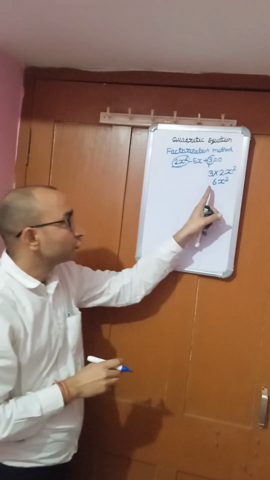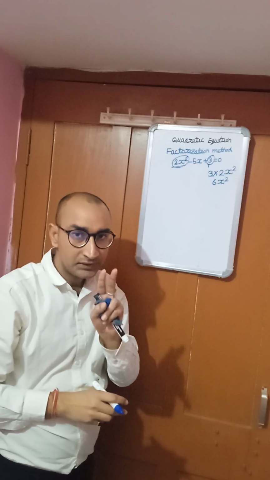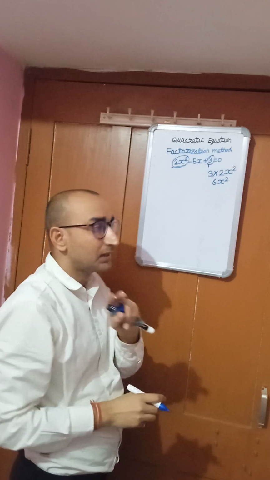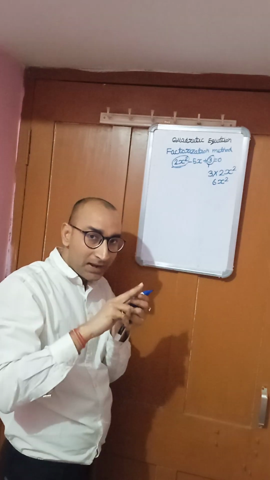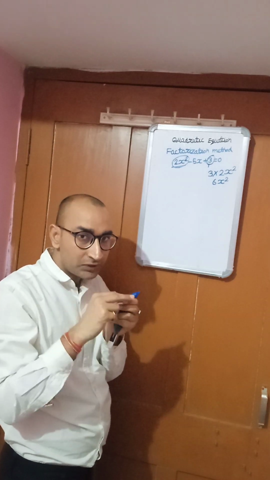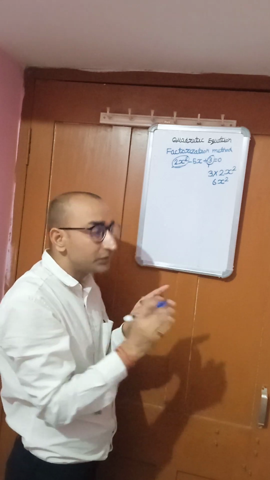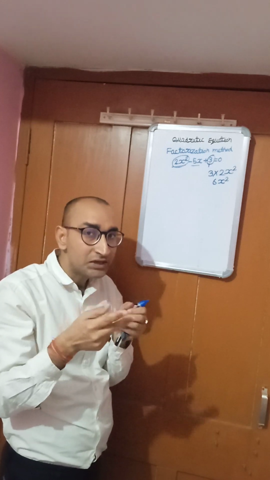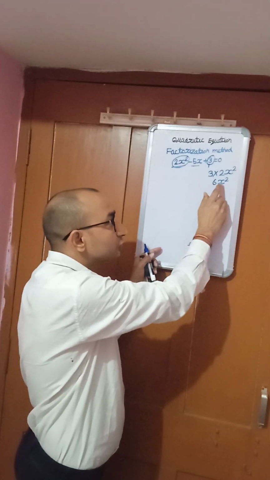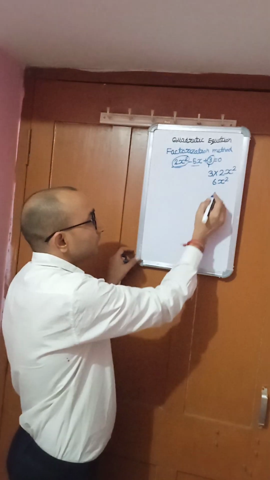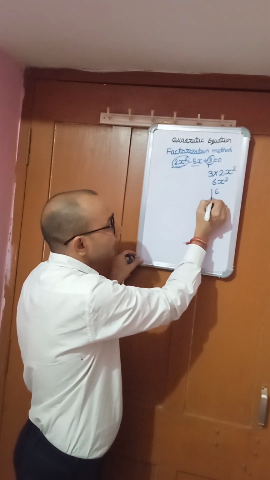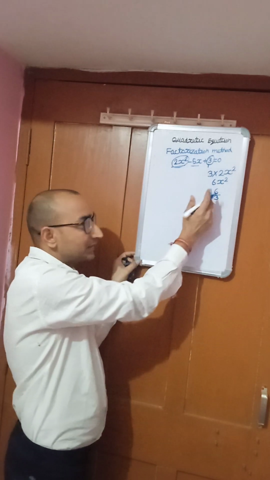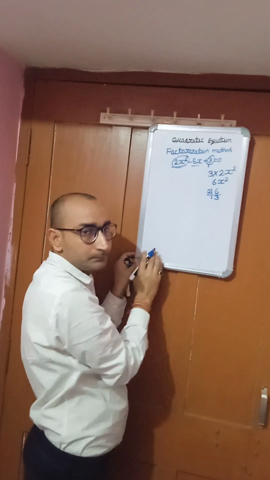After that we have to break this 6 into two parts such that when we add or subtract or simplify these two parts, it should be equal to the middle term, and when we multiply these two parts, it should be equal to 6x square. See here, 6 has factors 2 and 3.